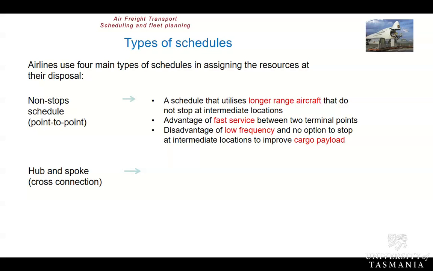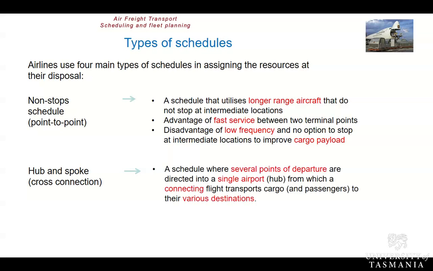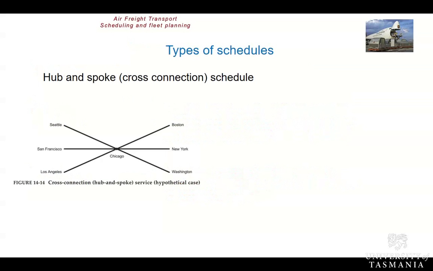And the other key is the hub and spoke. Now the hub and spoke is this idea of a number of flights coming in from a number of destinations to a single point. That single point we can call a hub, of which the transfer of cargo and passengers, if you like, will then move on to other destinations. This is a simplified version of the hub and spoke.